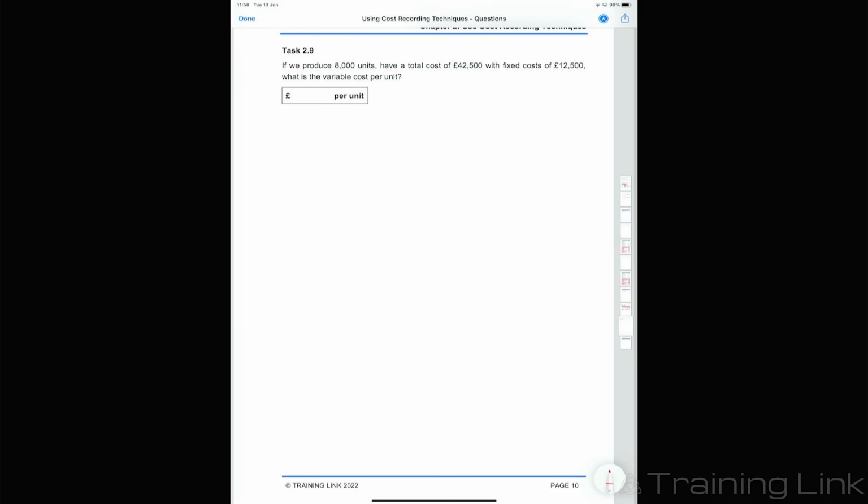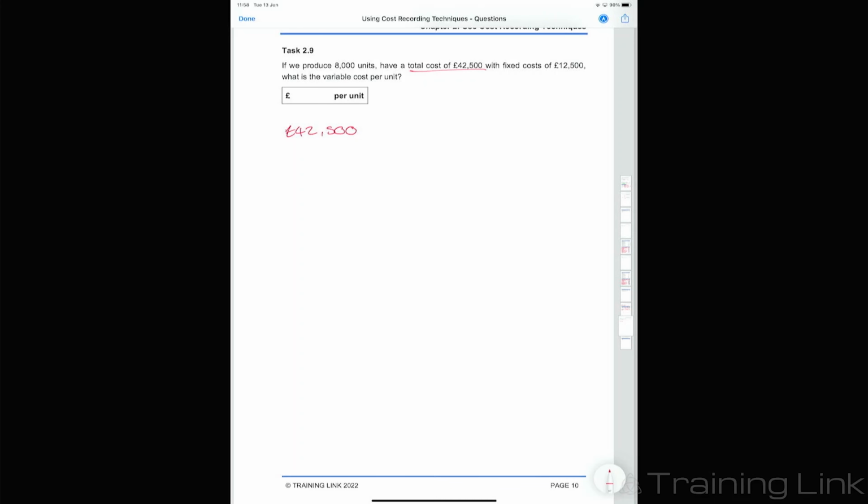So we're going to have to maybe break this down into 2 stages here. So we know that the total cost is 42,500. Okay, that's our total cost there. What that total cost contains is a fixed element and a total variable cost element.